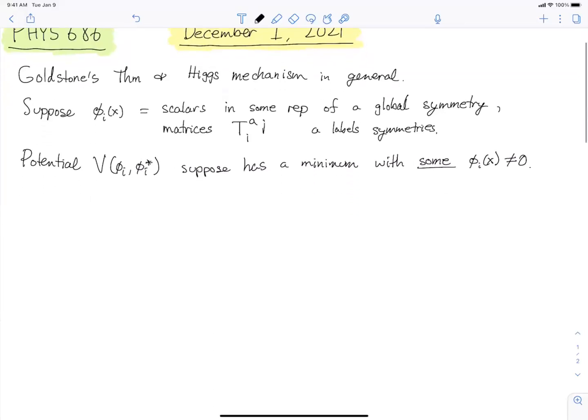So in the quantum mechanical theory, the statement is that the vacuum expectation value of those scalars will be equal to some VEV v_i, conventionally divided by square root of 2, and it carries an index i because there could be a different vacuum expectation value for each scalar field.